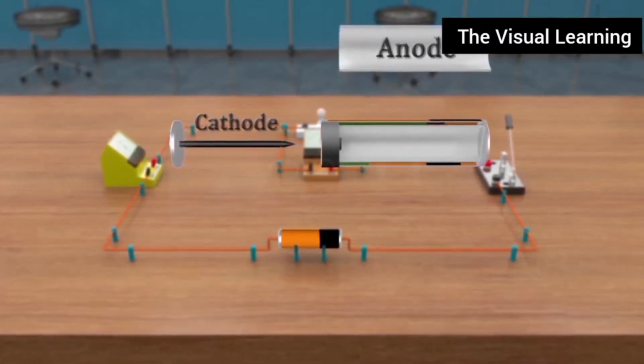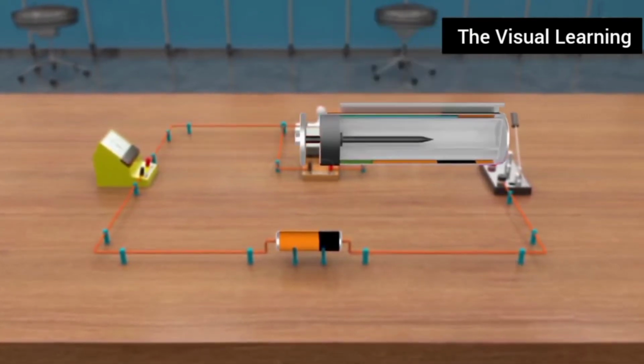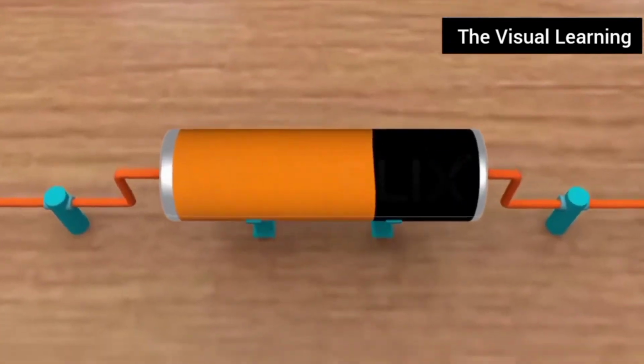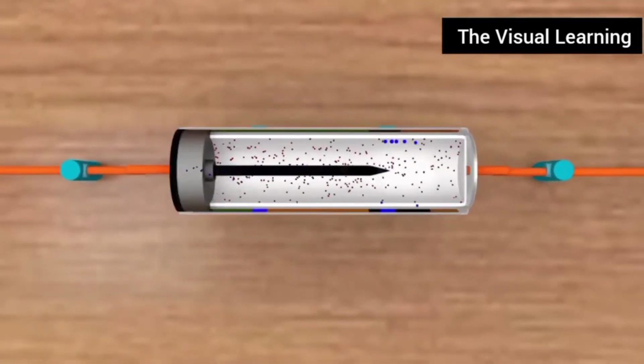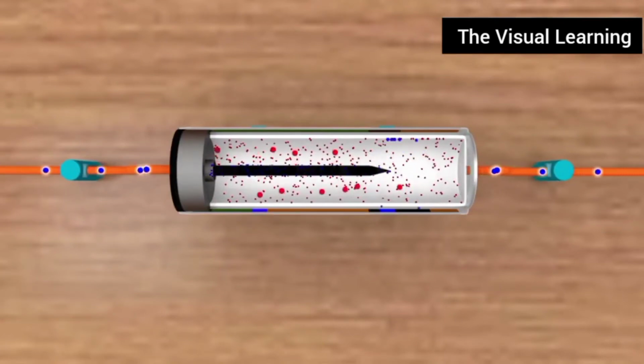The working of a battery can be understood as two processes occurring simultaneously. When the battery is connected in a circuit, oxidation and reduction reactions occur inside the battery, because of which positive ions start accumulating on the cathode, while negatively charged electrons accumulate on the anode.